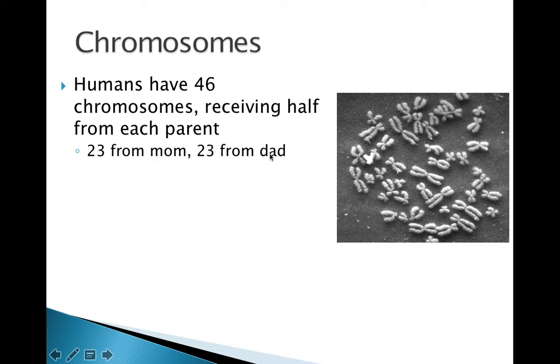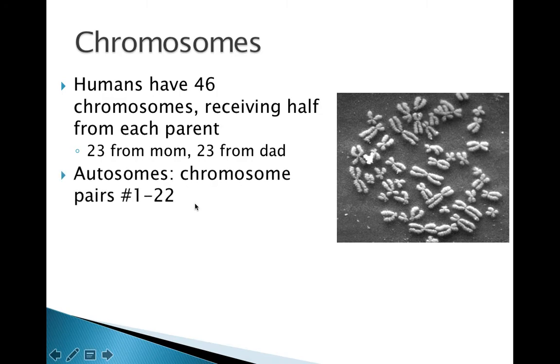They each have half of what is needed to make a new offspring. So when the sperm and the egg meet, those two get added together to make that number 46. Now that's just the number for humans. If you're a dog, that number might be 28. If you're a fly, it might be 16. So the number changes depending upon what kind of living thing we're talking about.